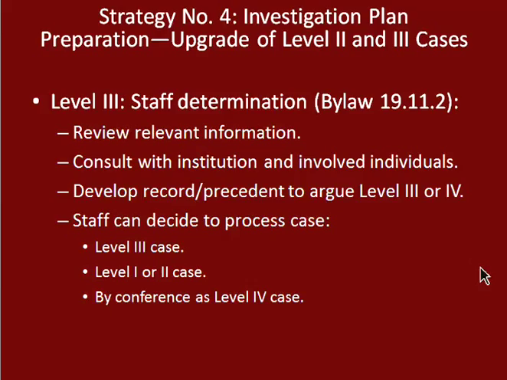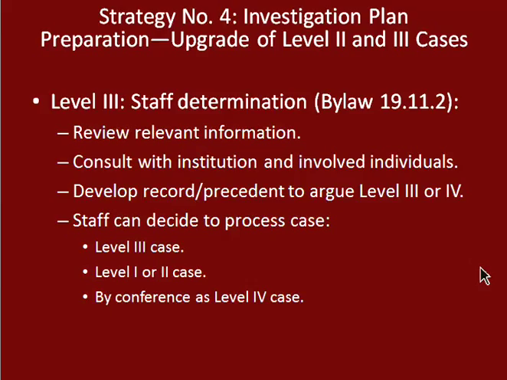You need to look at the available facts and have conversations with the enforcement staff about what they're thinking. Are they thinking about upgrading the case? And make sure that the record contains enough facts that you can make an argument as to why the case should remain at the level you believe it should remain, or be downgraded to a level you believe is appropriate for that particular case.